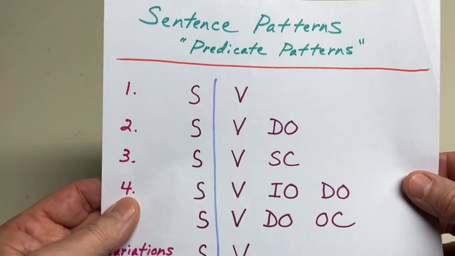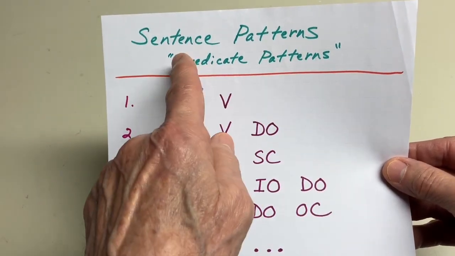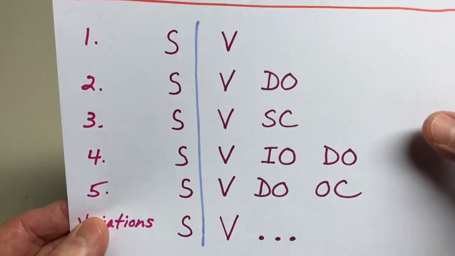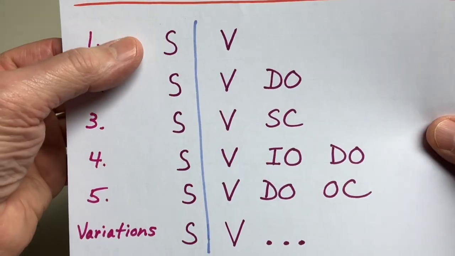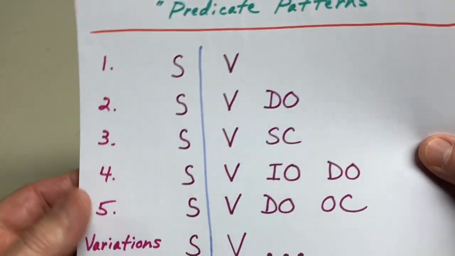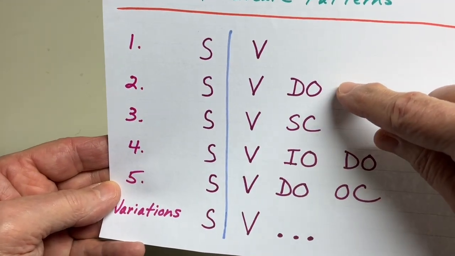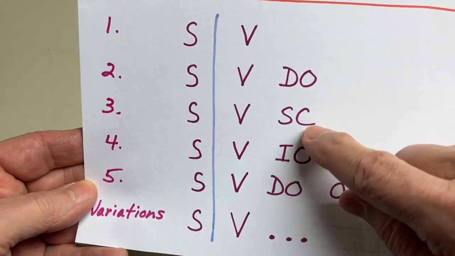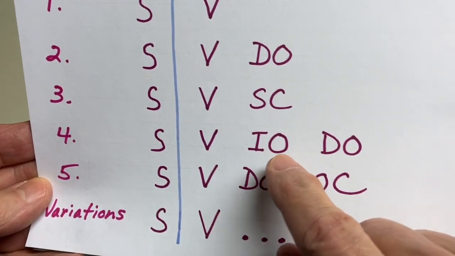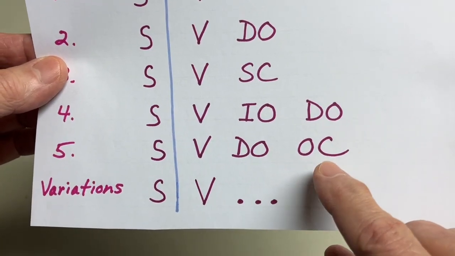And then there are sentence patterns. I call them predicate patterns, though most books call them sentence patterns, because in these patterns the subject is always in the same place. It doesn't go anywhere. You have pattern number 1, number 2, which has a direct object, number 3 has a subject complement, number 4 has an indirect object and a direct object, and number 5 has a direct object and an object complement.